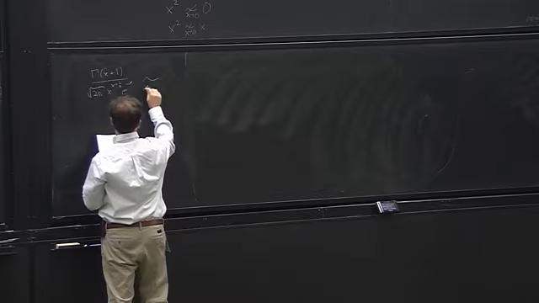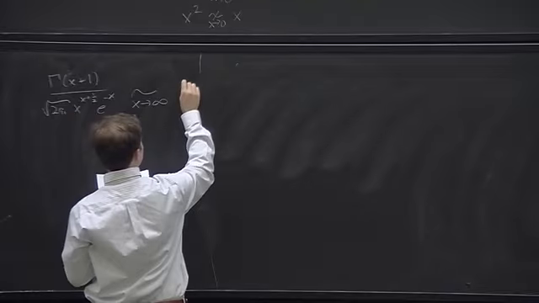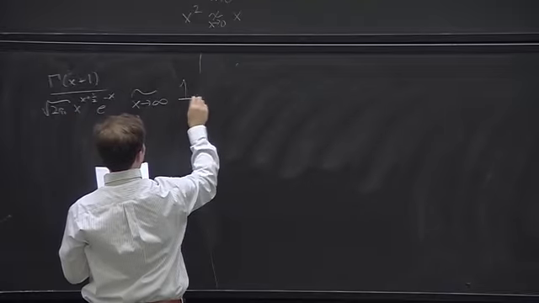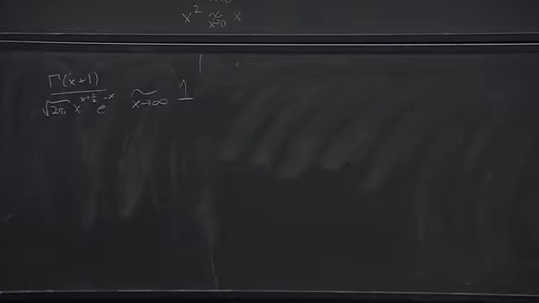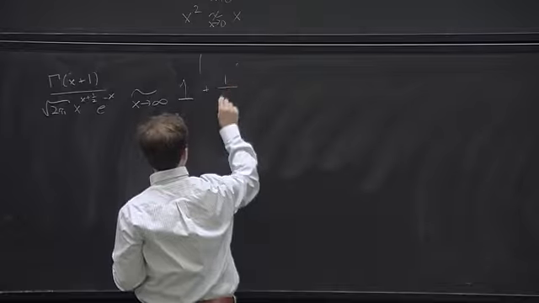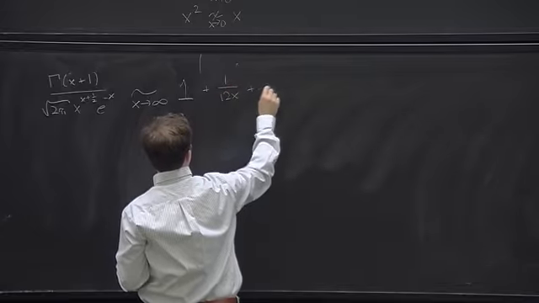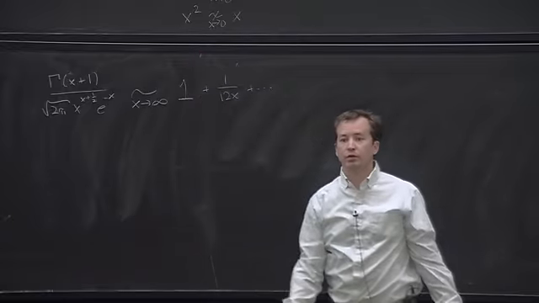This would be asymptotic, as x goes to infinity, to 1, so that's the term we computed, the first term in the asymptotic series. If we went to higher terms, we get 1 over 12x. So this is an asymptotic series not in x, but in 1 over x.